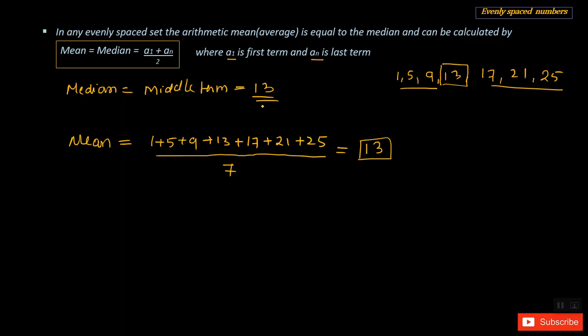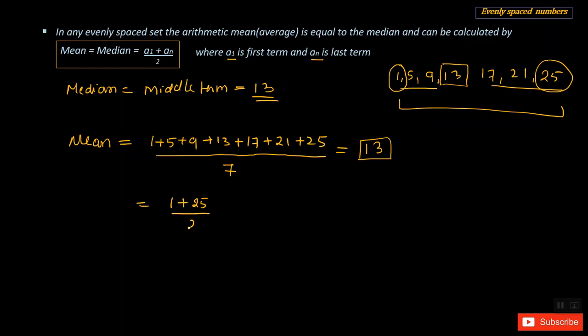Right? So that's why we say the median is equivalent to the mean, and this is also equal to the average of the first and the last term. So what is the first term here? 1, and what is your last term here? 25. I'm just relating this with this sequence. So your first term is 1 and your last term, the nth term, is 25.